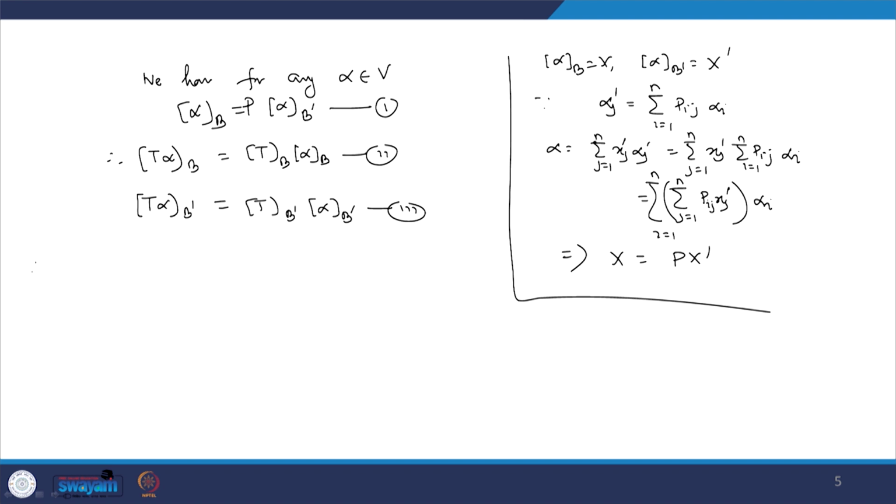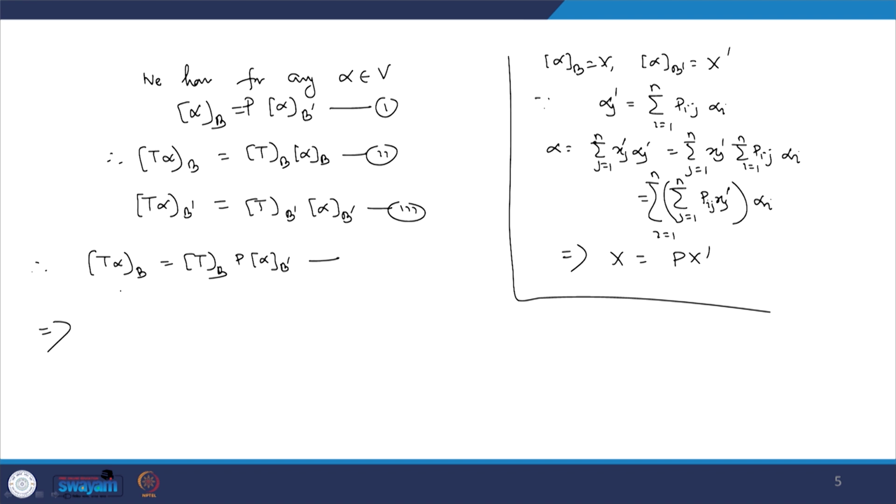So, this implies we have the coordinate matrix of T alpha with respect to B equal to the matrix of T with respect to B times the coordinate matrix of alpha with respect to B, and this is equal to P times the coordinate matrix of alpha B prime, because the coordinate matrix of alpha with respect to B equals P times the coordinate matrix of alpha B prime.